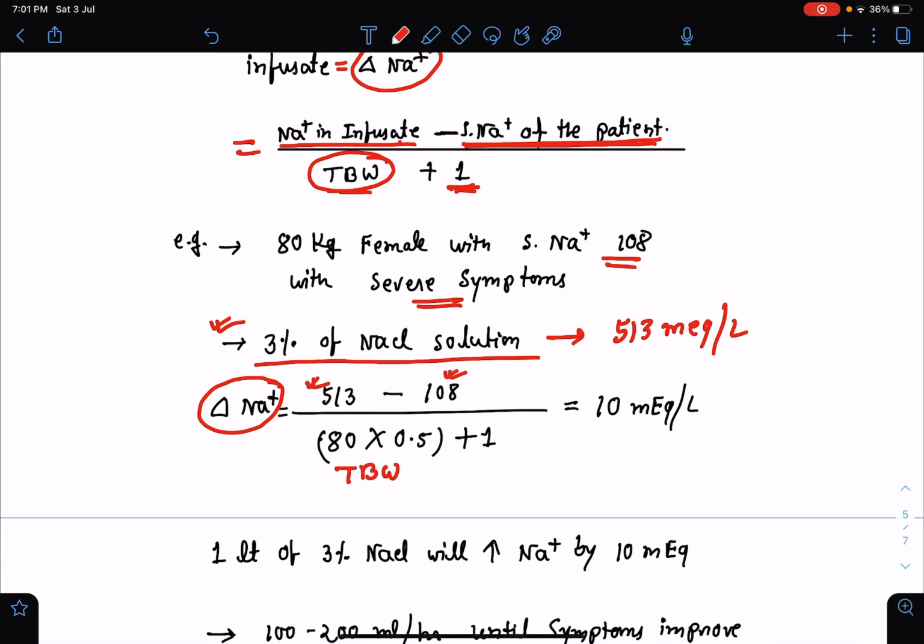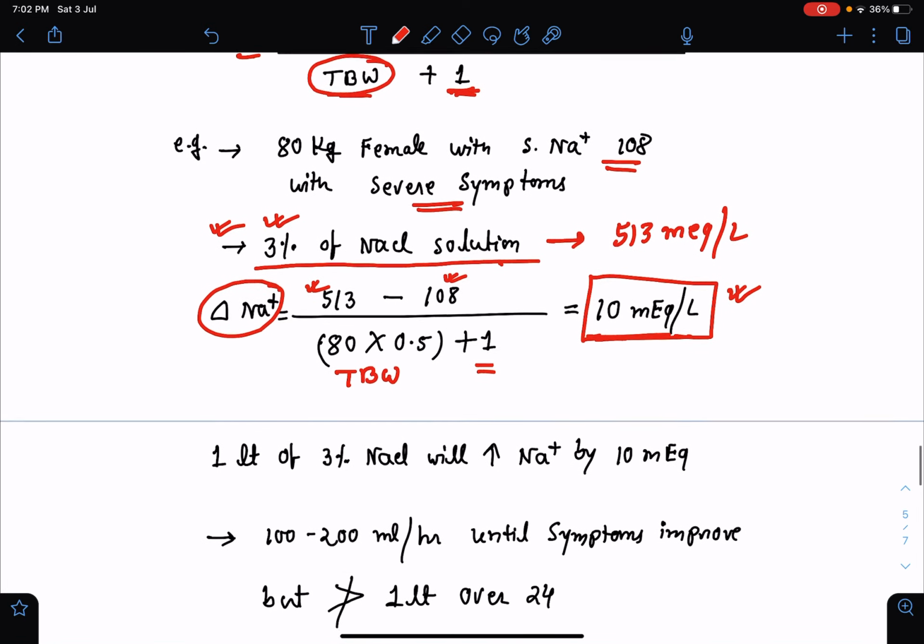Now the patient's weight was 80 kg and since she is a female, total body water will be 50% of the body weight. So 80 multiplied by 0.5, plus 1. So the ultimate result is 10. So 1 liter of 3% sodium chloride solution will increase the serum sodium level by 10 milliequivalent per liter. Okay, this much we are clear.